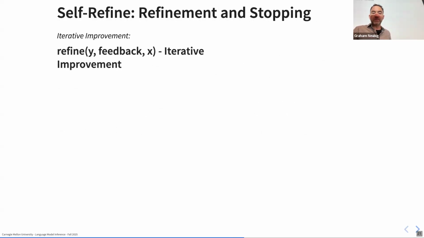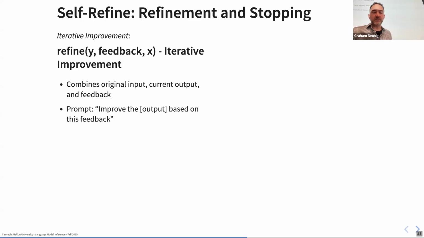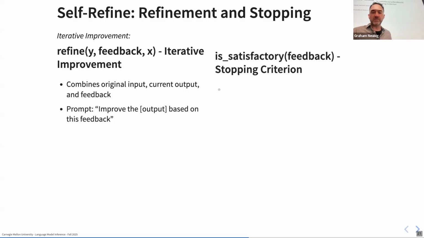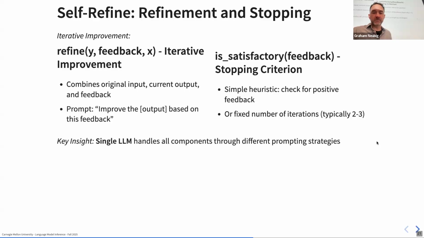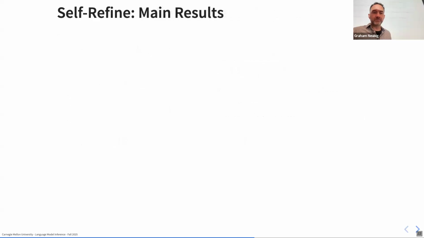And then they had the refine step where they combined the original input, the current output, and the feedback, and said, improve this output based on the feedback, and then it would generate the output. And the stopping criterion was a simple heuristic checking for positive feedback or a fixed number of iterations. And this was all done through a single LLM.